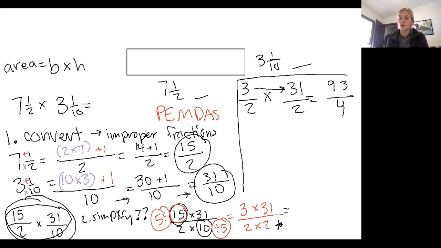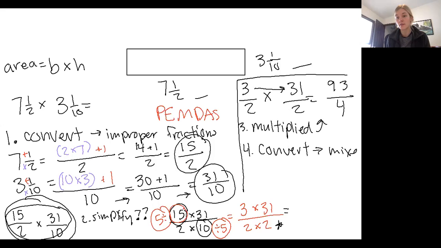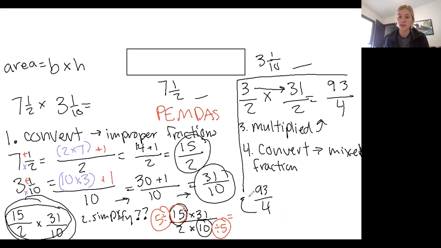Okay, so once you have multiplied them together, we can now convert back to a mixed fraction. All right, so we needed to do the reverse of what we did earlier in step number 1. So we take 93 over 4, and we need to see how many times 4 goes into 93.